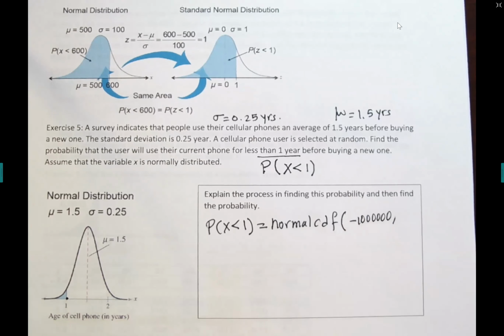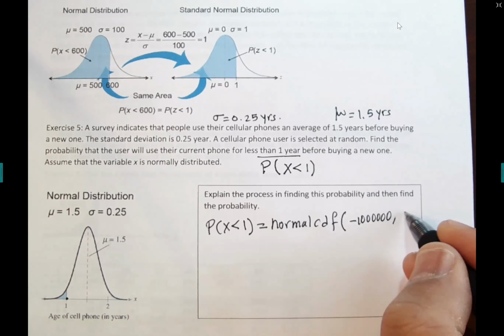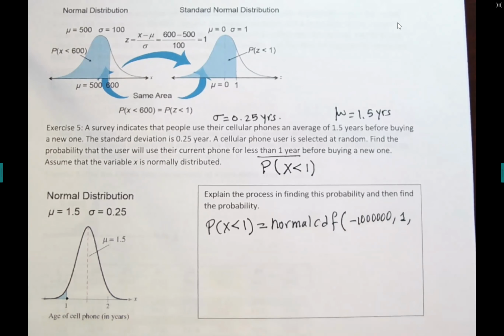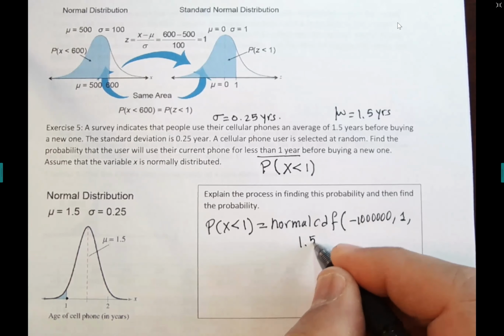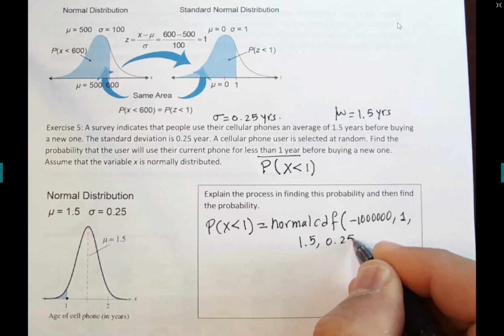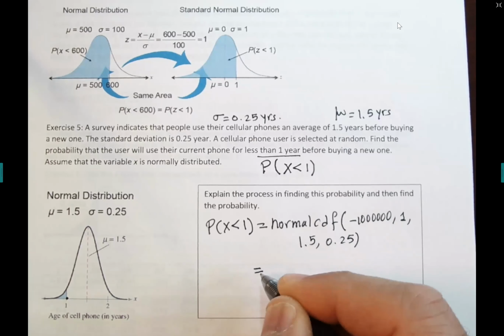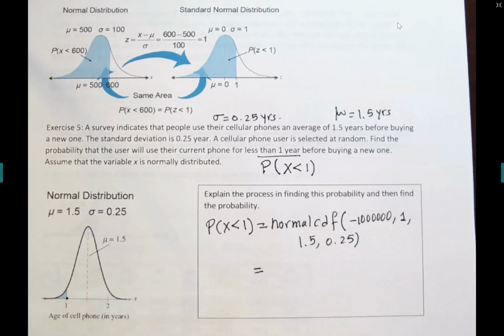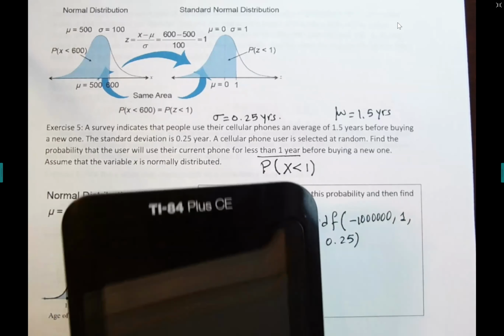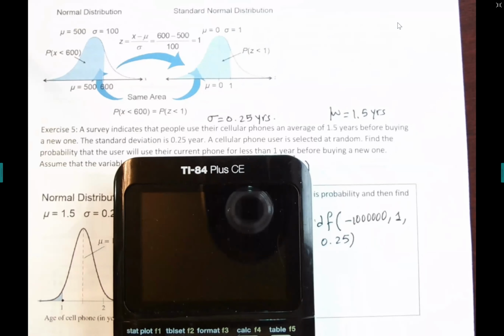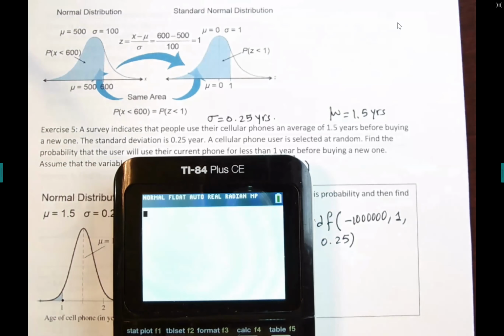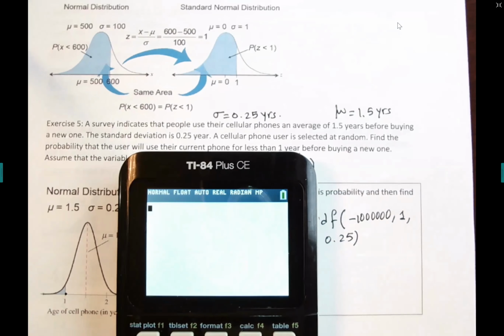What's the upper bound? 1. Great. Then the mean and the standard deviation, 1.5, 0.25. Okay, let's do it. It's going to speed up word problems tremendously once you use your calculator, because you don't need to change to z-scores or anything. It's just one shot.